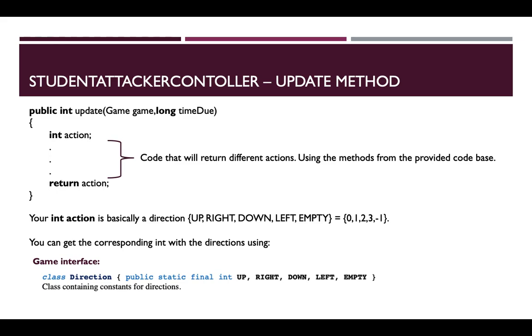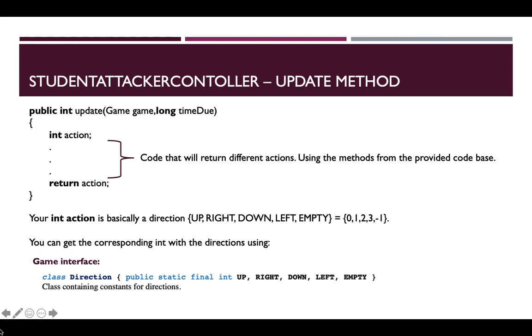So as the defenders move around, your actions change. If you already ate all your power pills, well then your action also changes. So it's just having all these different conditions, with the use of the methods, in order to get the next direction that your attacker, which is your gator, should move in.